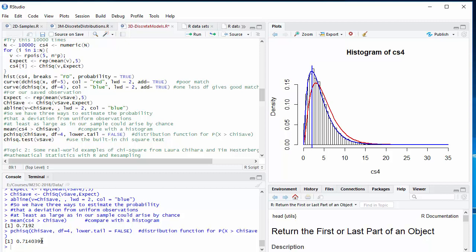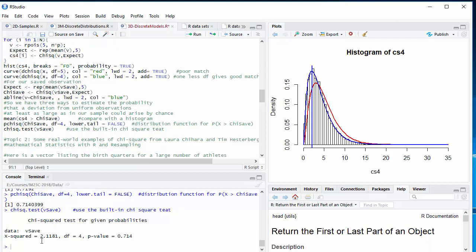Or you can use the built-in chi-squared test and get a p-value of 0.714. Any of these is valid. I would say the first one, where I actually draw the histogram, shows most clearly what you're doing in order to carry out your analysis. The final one looks the most official and gives you the least insight into why the test works.